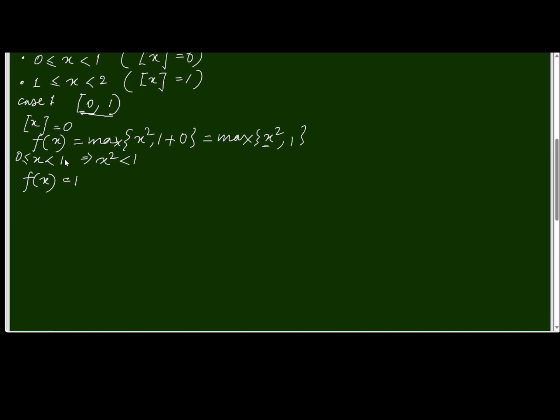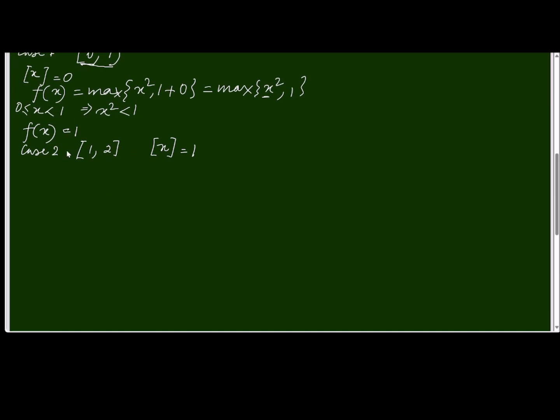Next, in case 2, when the interval is 1 to 2, the greatest integer function takes the value 1. So let us find the maximum of x square and 1 plus 1, the maximum of x square and 2.